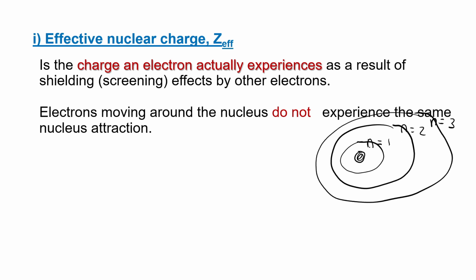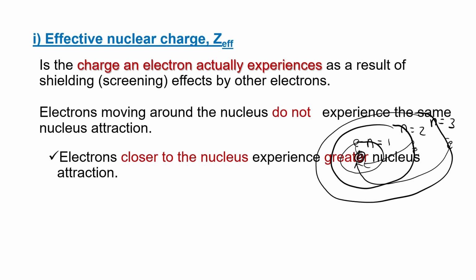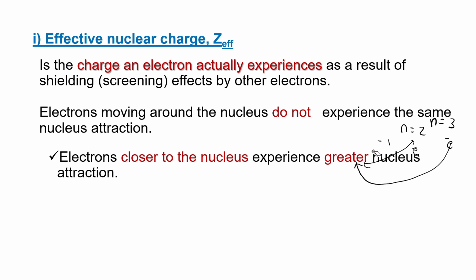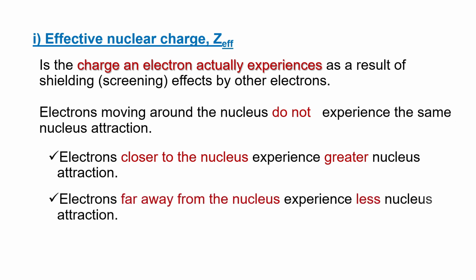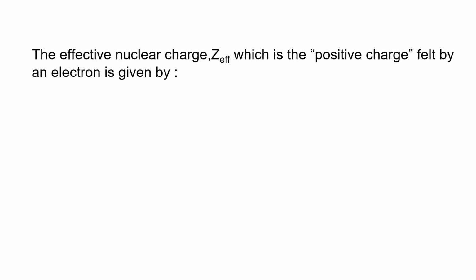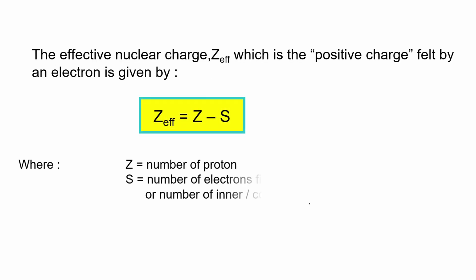When an electron moves in the first orbit, it will feel nucleus attraction, and the same goes for the second and third electrons. But all of these electrons experience different nucleus attraction because they move in different orbits. Electrons closer to the nucleus feel greater nucleus attraction compared to electrons far away from the nucleus.